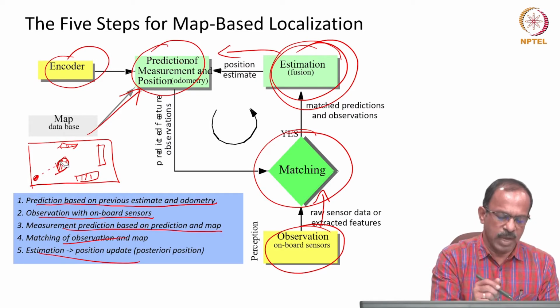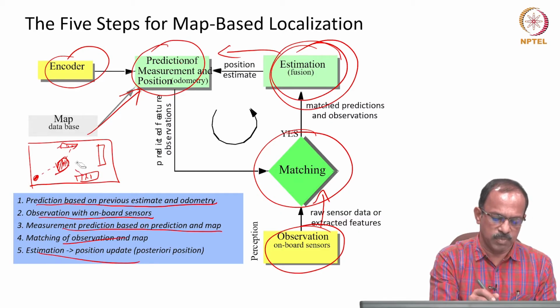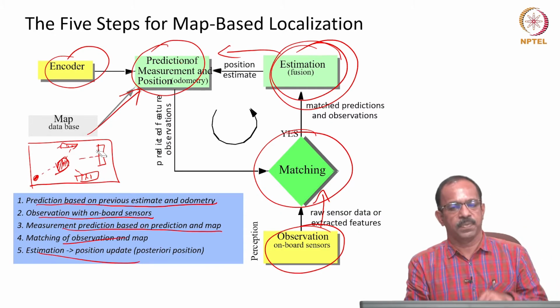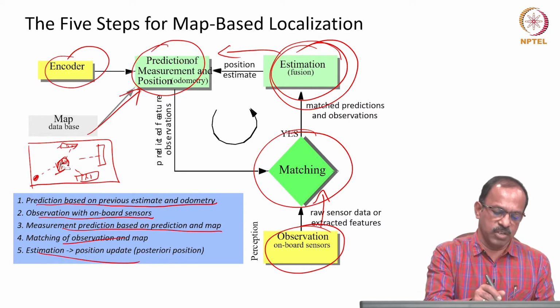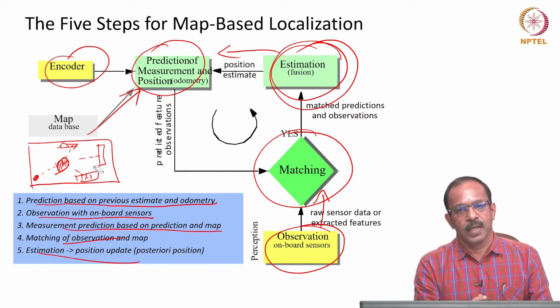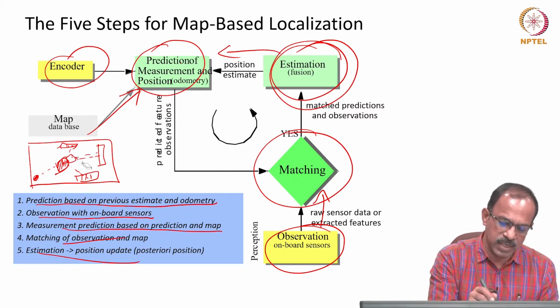Now, based on the map information, the robot says that, okay, you will be able to see something here, you will be able to see something here, and you will be able to see something here. So, that is what the robot will predict based on the map information. If it is at this position, it should be able to see these things. And then the robot will actually use its sensors to see what it is actually seeing.